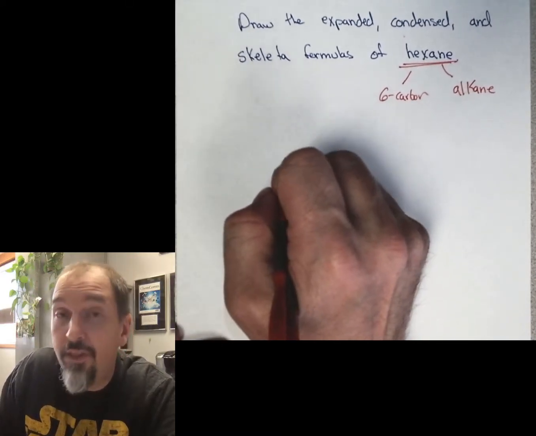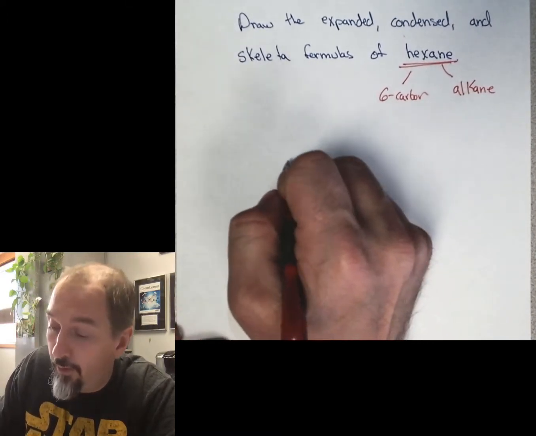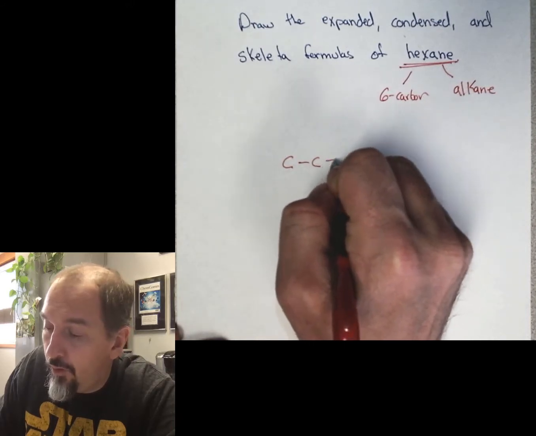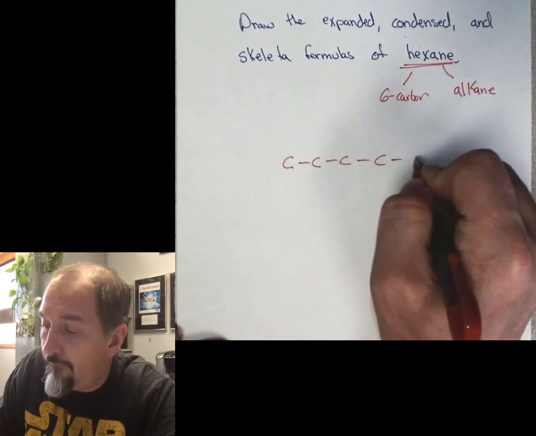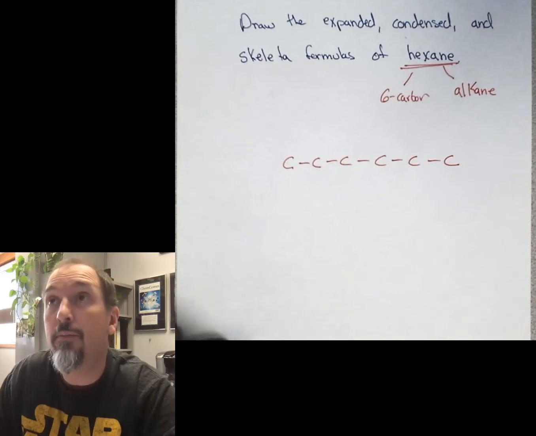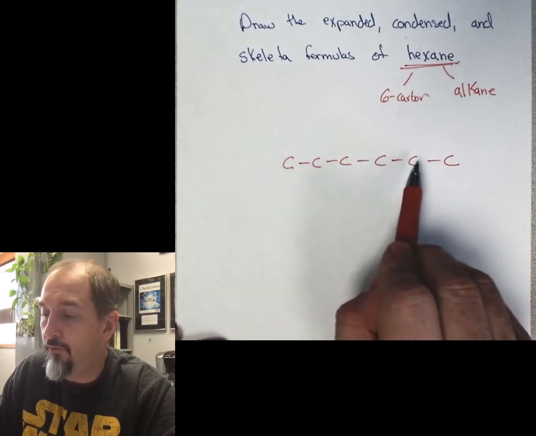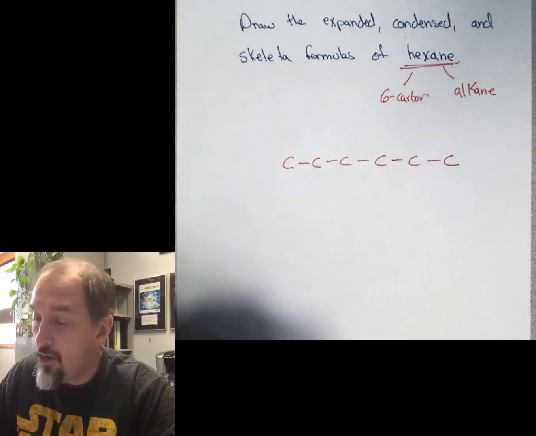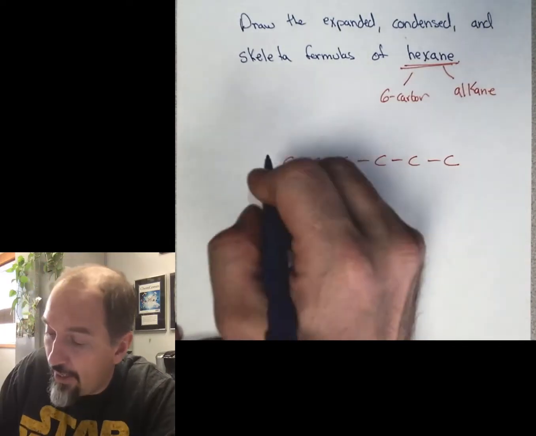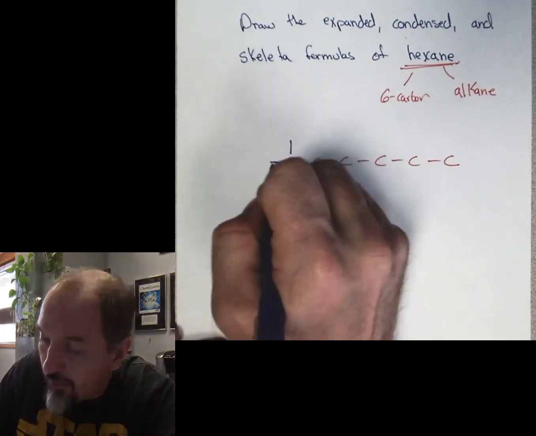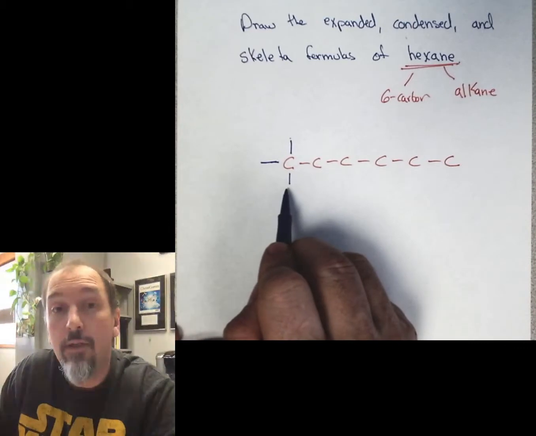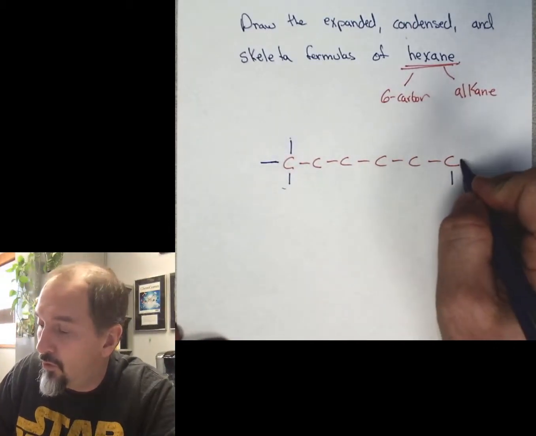So I'm going to start with the expanded formula. 1, 2, 3, 4, 5, 6 carbon atoms. Now I have to fill in the hydrogens, so each end carbon is going to get 3 hydrogen atoms. 1, 2, 3, 1, 2, 3.